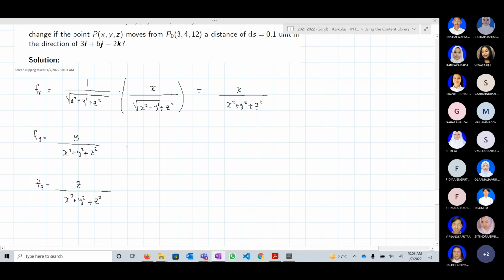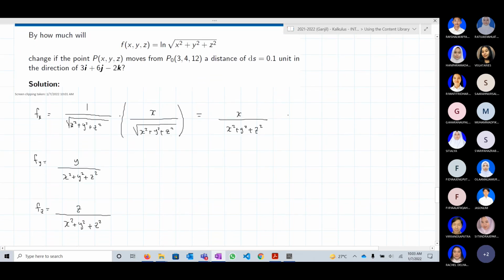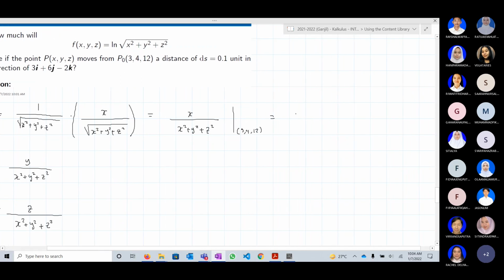So in this case, if we evaluate at the point (3, 4, 12), we have, okay, how much? What is the value?